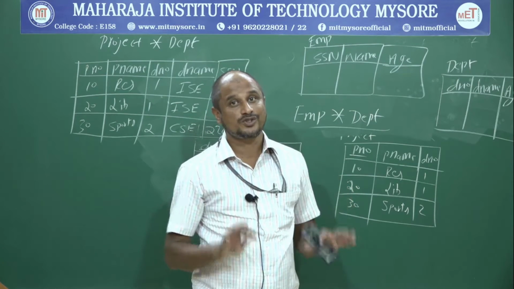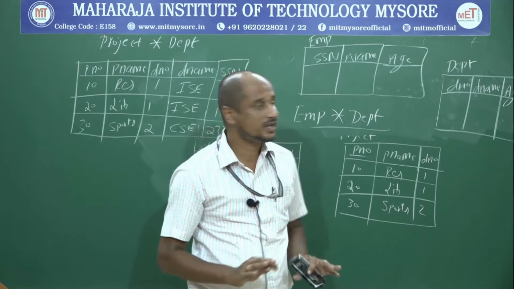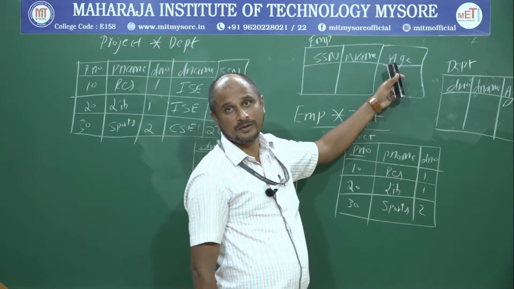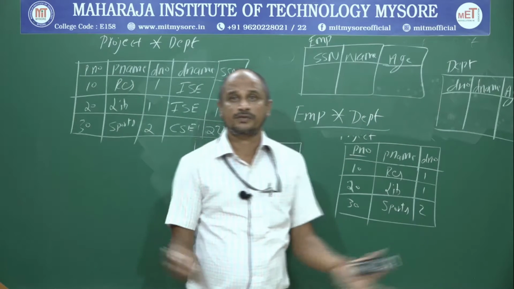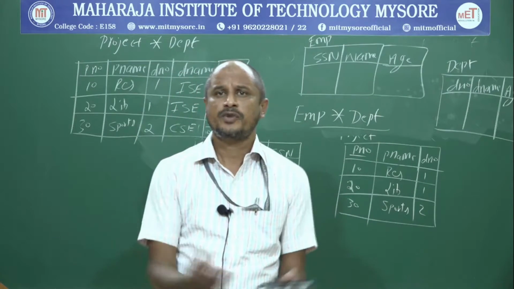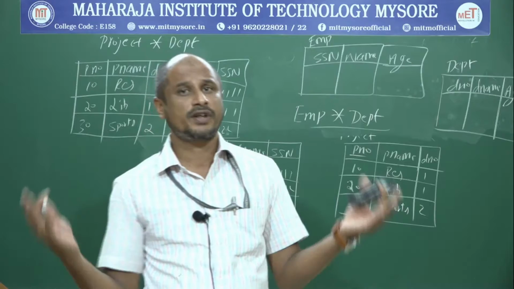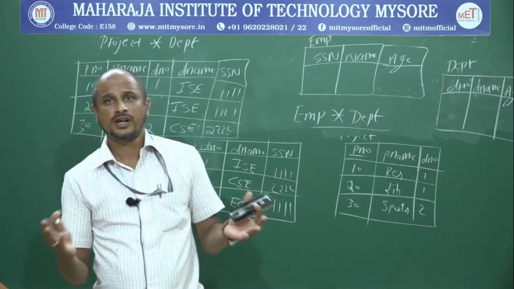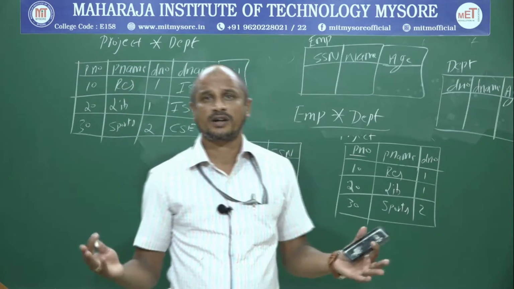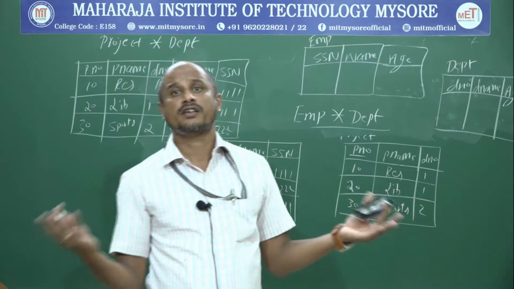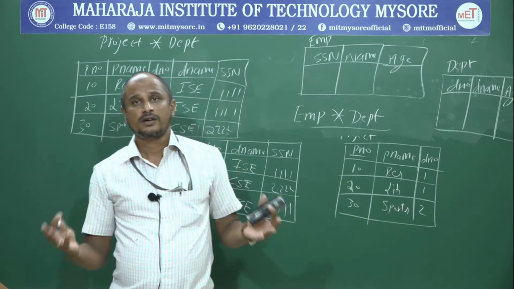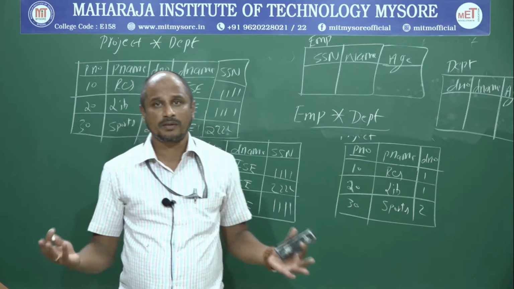I am going to join these two tables using common attribute. So employees, we have almost in MIT, about 250 to 350 employees here. So almost about 200 people teaching, and about 100 people non-teaching, about 300 faculties with non-teaching are available.